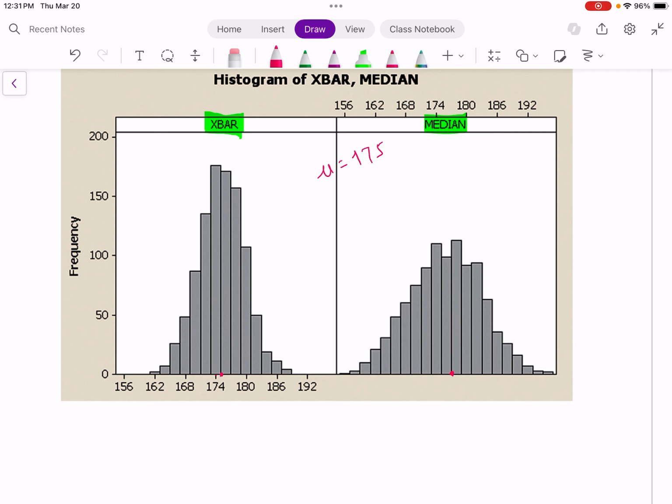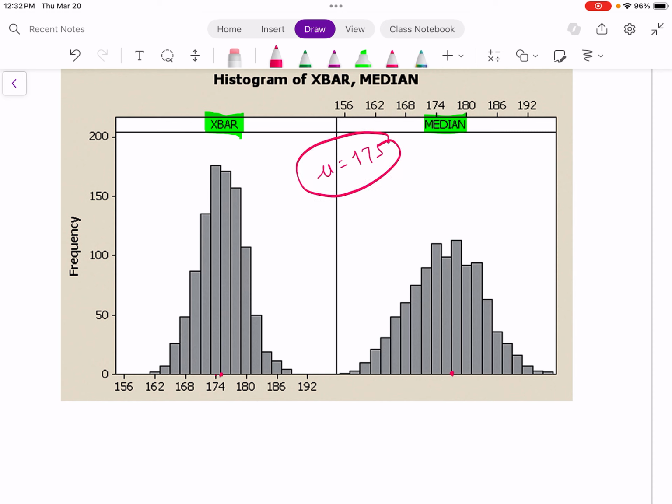And our first sampling distribution is more centered toward 175. And the next thing, which one has less variability, or less standard deviation? The sampling distribution for X bar, right? The first histogram has less spread, which means it has less standard deviation. So we pick the sampling distribution of X bar to make an estimation of this mu.